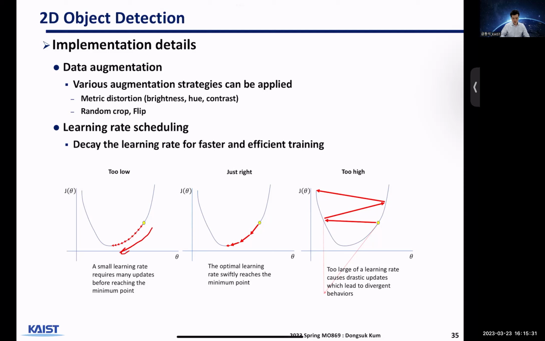If you use large learning rates, if you go back to the lecture, I think 4, there was this step hyperparameter value when it comes to the gradient method.